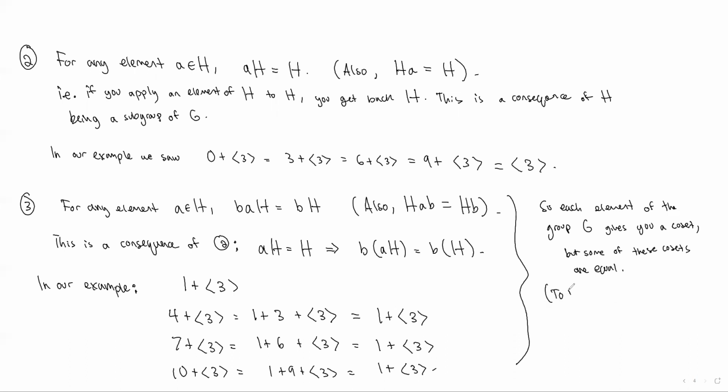To be precise, for each element, there are |H| elements, the number of elements in H, which give the same coset.